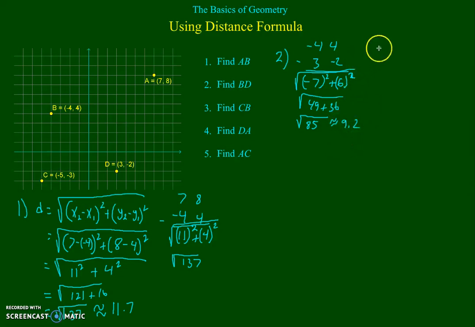All right, now for number 3. So in number 3, we're looking for the length of CV. So CV are these 2 points. So here we have -4, 4, and -5, -3. -4 minus -5 is -4 plus 5, which is 1. 4 minus -3 is 4 plus 3, which is 7.